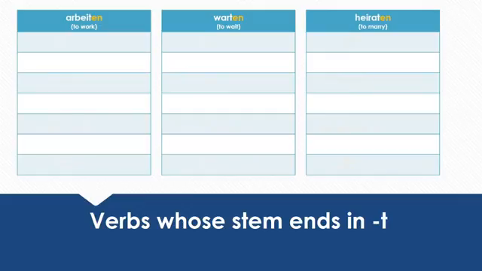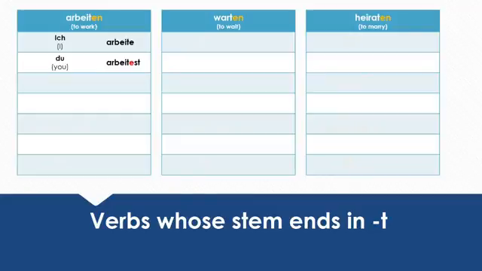We're going to start by conjugating the verbs arbeiten, to work, warten, to wait, and heiraten, to marry. Ich arbeite, I work. No difference here. It's conjugated like all the other regular verbs. Du arbeitest.